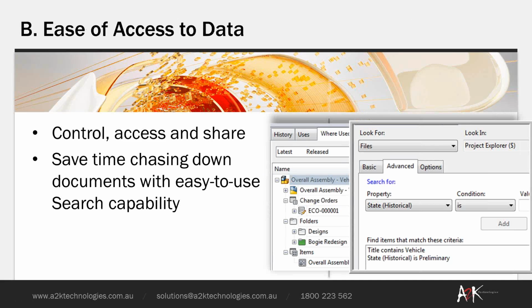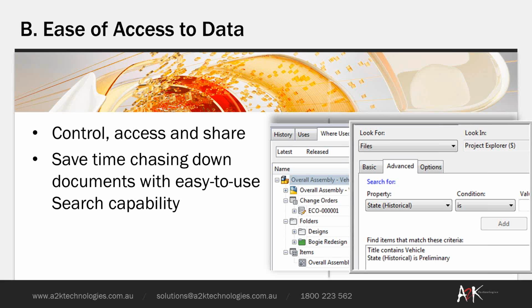Ease of access to the data is a massive benefit when you use Vault. So you can save a huge amount of time looking for designs and finding the files that you really want using inbuilt search functionality in Vault. So compared to a traditional Windows folder structure where you can only really search via the file name, Autodesk Vault allows you to search via properties.